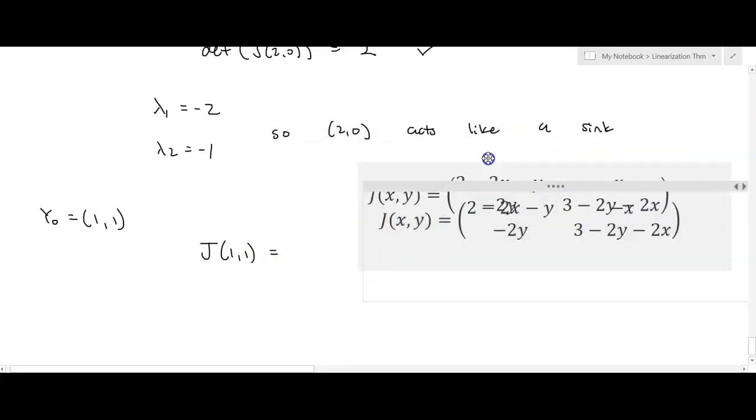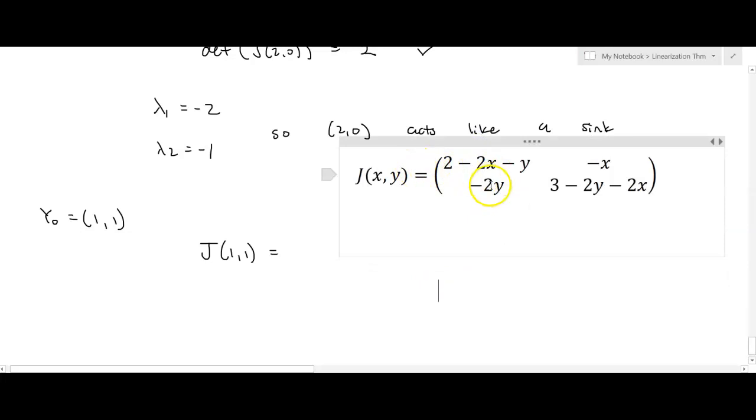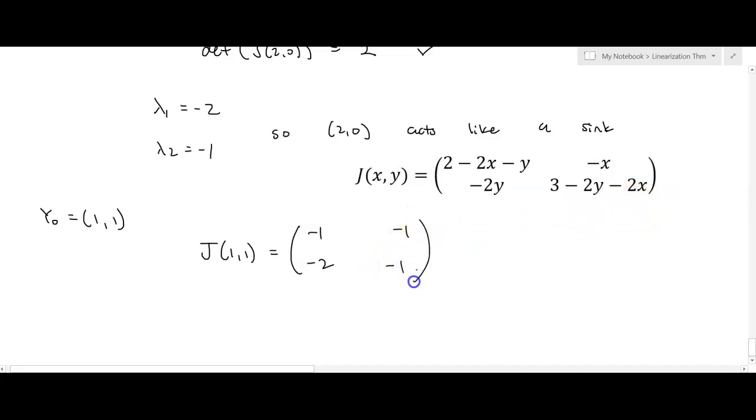And so we're going to find that when we put in 1 for both x and y, here we'll get 2 minus 1, which is negative 1, negative 1, negative 2, and 3 minus 4, which is negative 1.